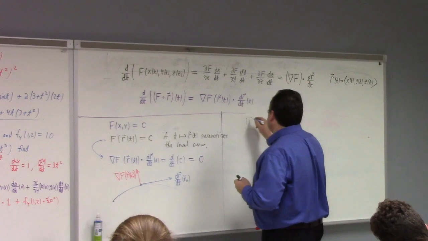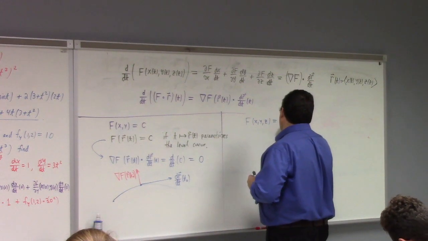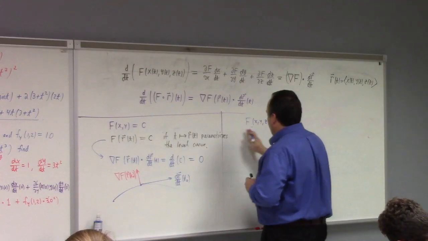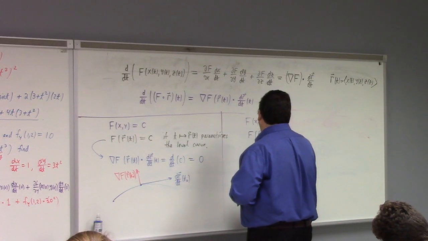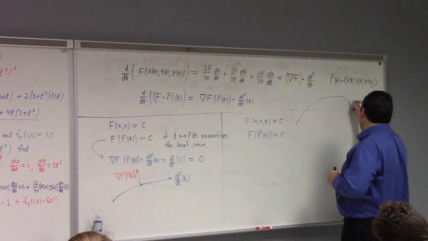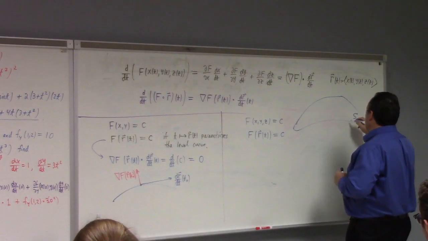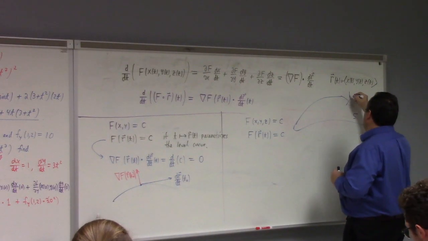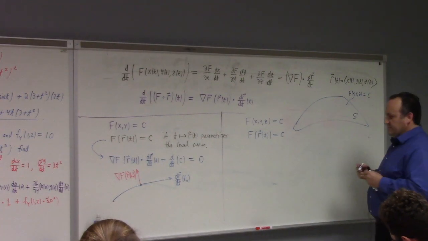Level surface, f of x, y, z equals a constant. If we have a path that lies on that surface, then we have f of r of t equals a constant, right? So here I'm talking about some surface, the set of all points where f of x, y, z equals a constant.